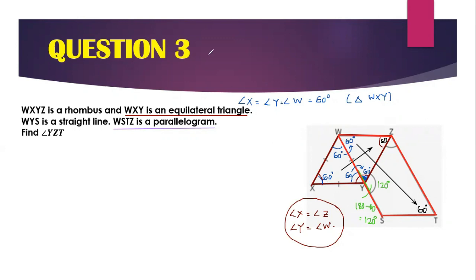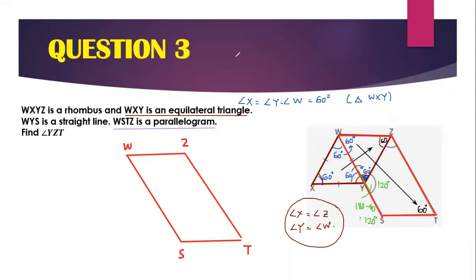Now we're going to find angle S. Now we're going to draw the parallelogram first. So this one is W, this one Z, this one S, this one T, right?